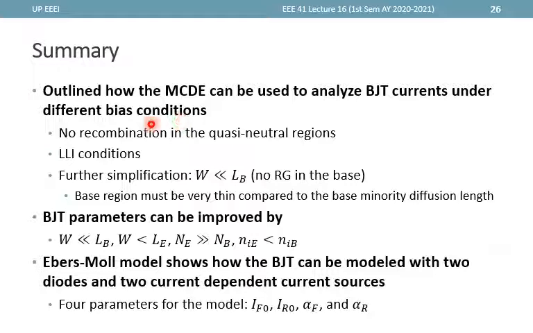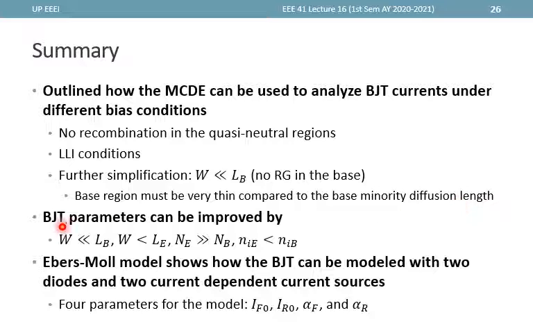And we assume that there is no recombination in the quasi-neutral regions or at the depletion regions, and that low-level injection conditions prevail, and also specifically for the base, there is no recombination-generation, and that is achieved when W is much less than LB. So the base region must be very thin compared to the base minority diffusion length.